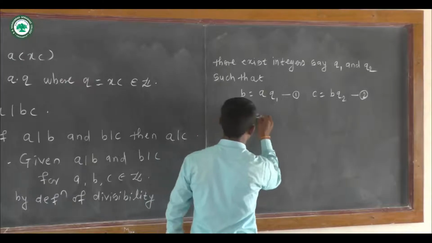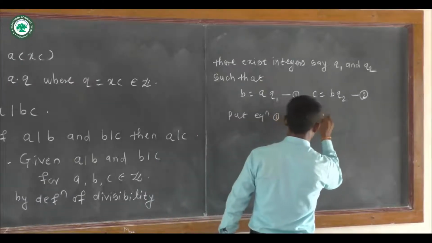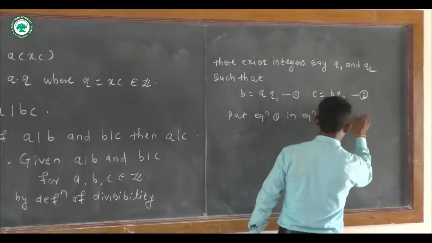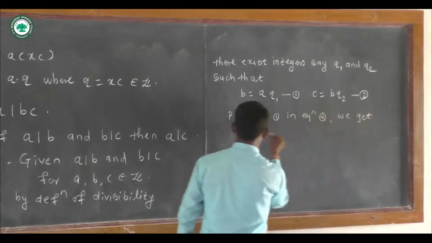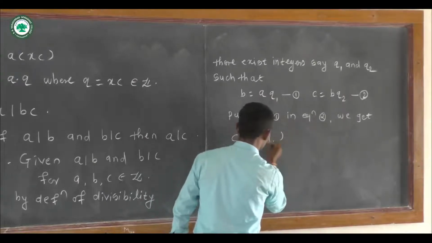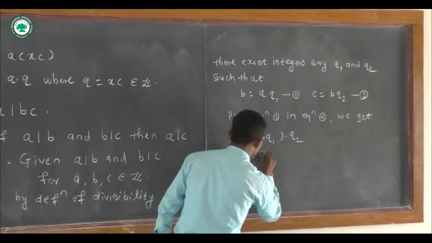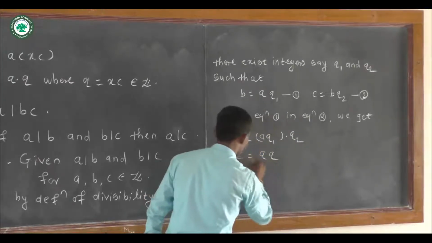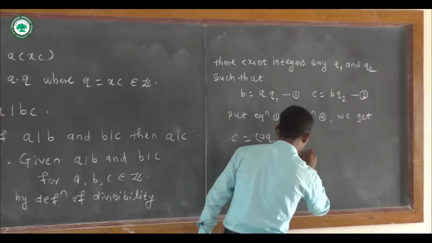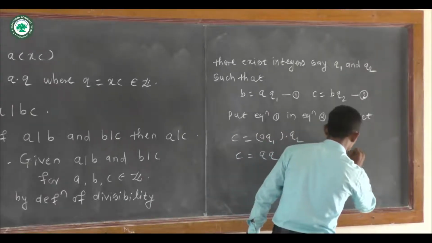Put equation 1 in equation 2, we get c is equal to a into q1 into q2, and we rewrite this as a into q, where q is equal to q1 into q2.